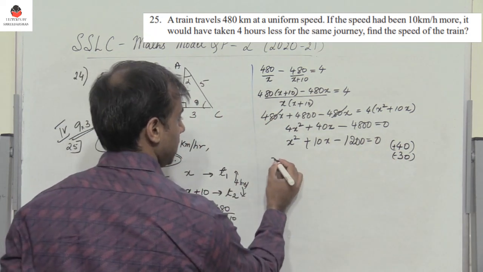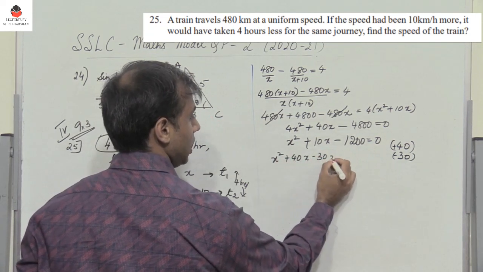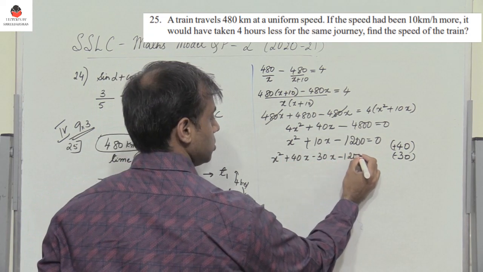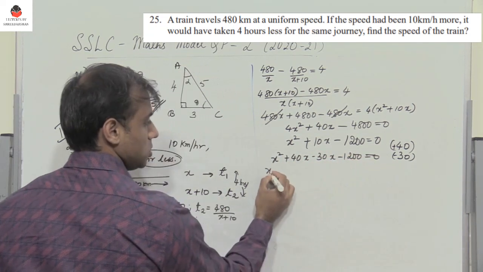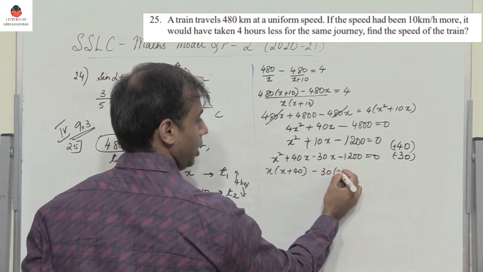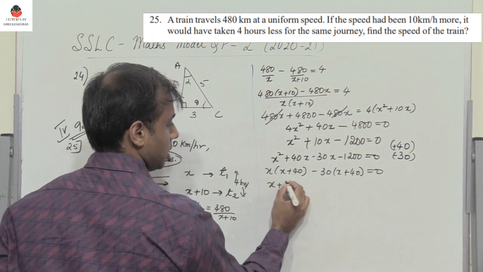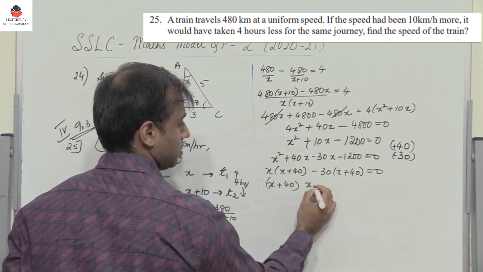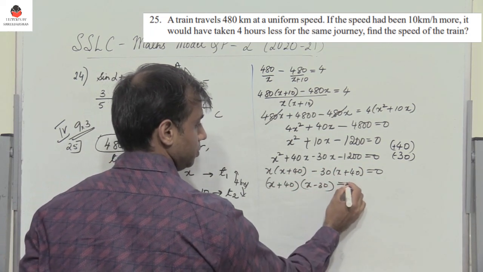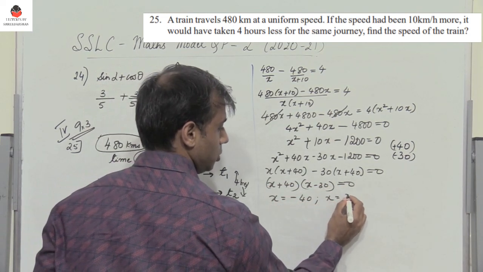So here I have the factors x square plus 40x minus 30x minus 1200 equals 0. So x into x plus 40 minus 30 into x plus 40 equal to 0. So I have x plus 40 into x minus 30 equal to 0. So x is equal to minus 40 or x is equal to 30.